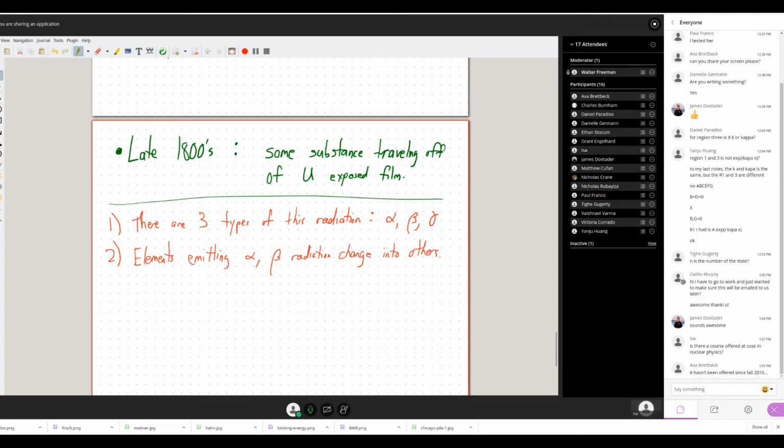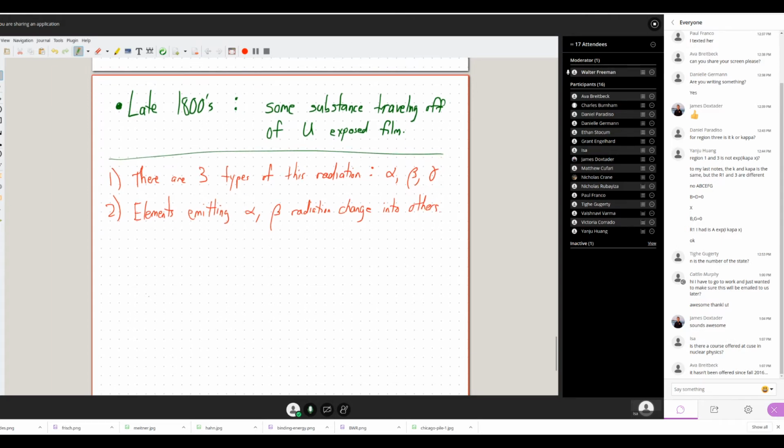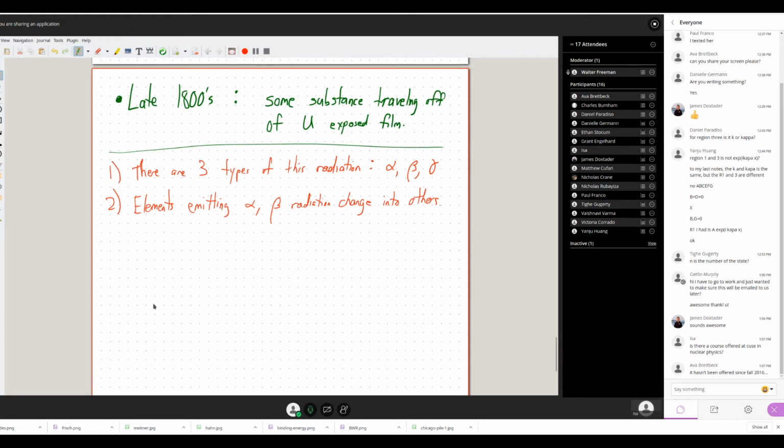The history and the way people used to talk about it is very complicated. But it turns out that now we understand it very simply. Atomic nuclei are made out of protons plus neutrons, right?